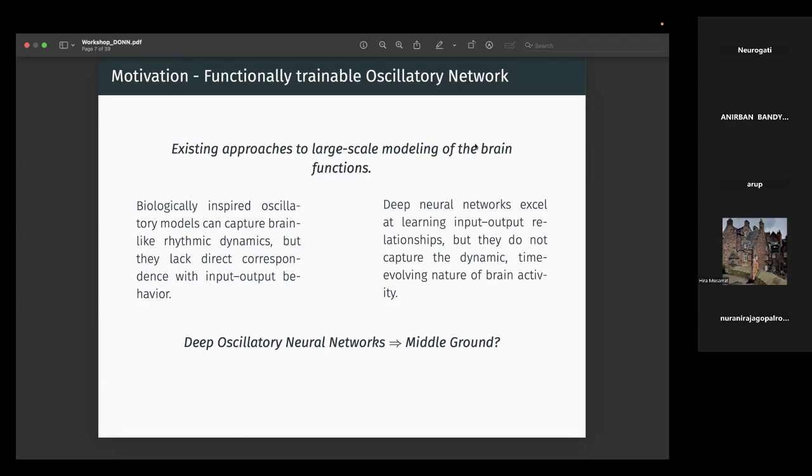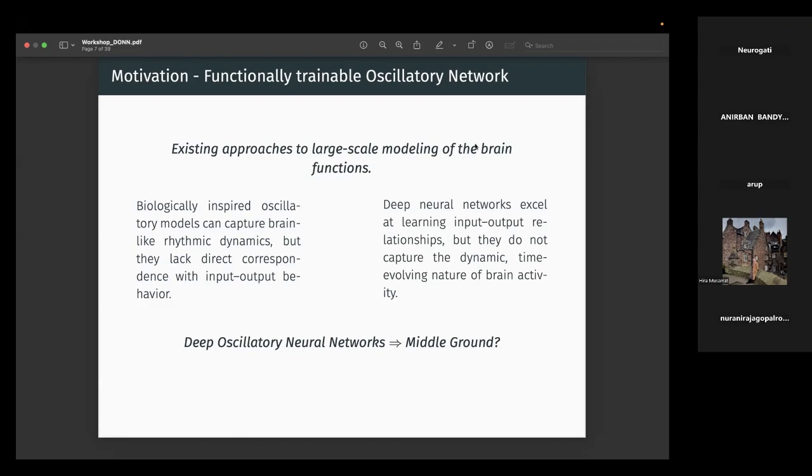For example, if we are doing a particular task, the data being recorded that shows these rhythmic dynamical behaviors happened because the task was being executed, and removing the task input and output behavior from the rhythmic dynamics is not exactly how we should model it. These rhythmic dynamics emerge as a natural phenomenon when we are trying to execute a particular action, for which a lot of data is being recorded.